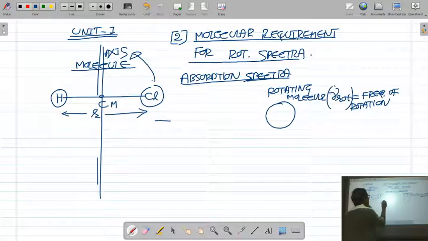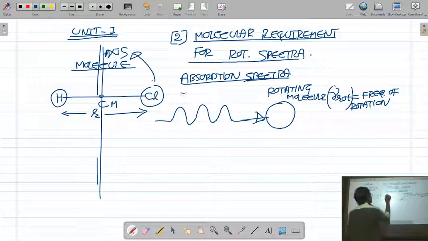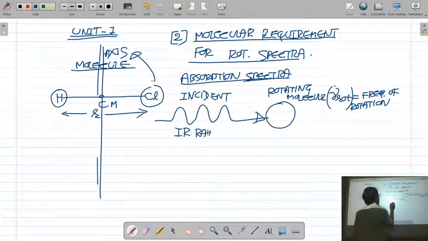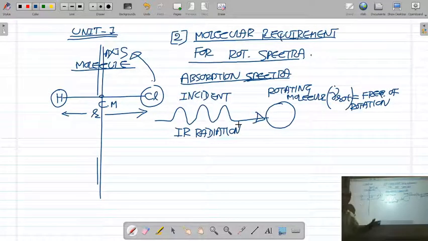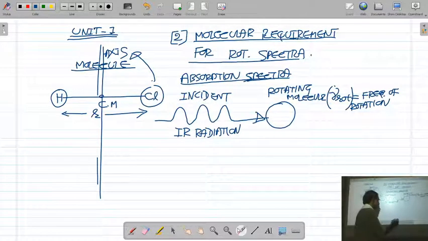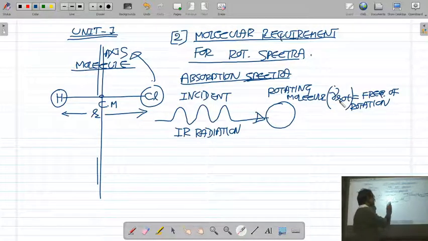Now when infrared radiation is incident on the rotating molecule, and if the frequency of the incident radiation coincides with the frequency of the rotating molecule, then the incident infrared radiation interacts with the rotating molecule.